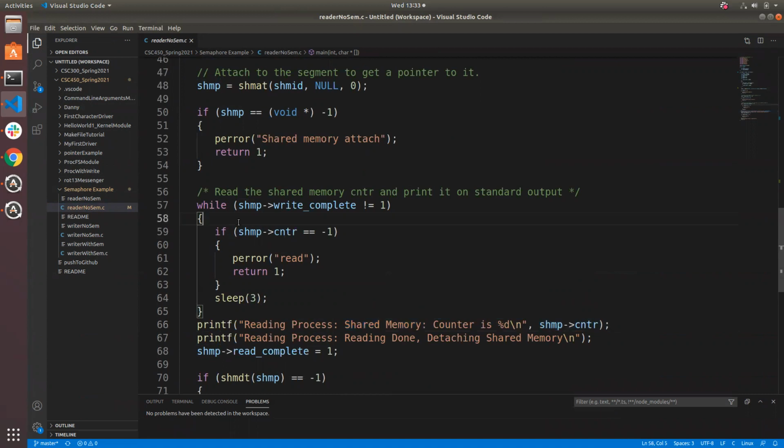He's doing it as soon as he can get past this gate, right? So this is our fake semaphore thing.